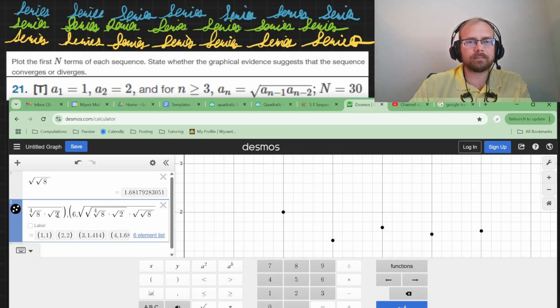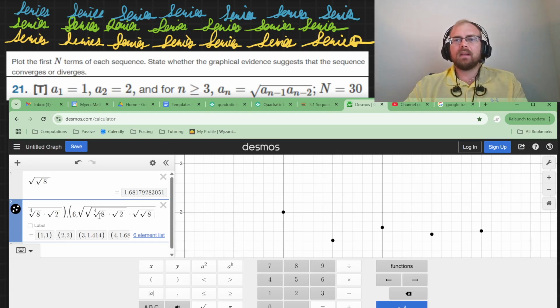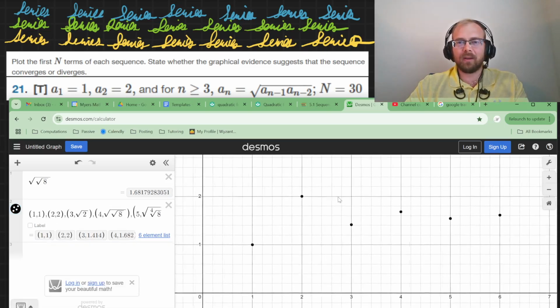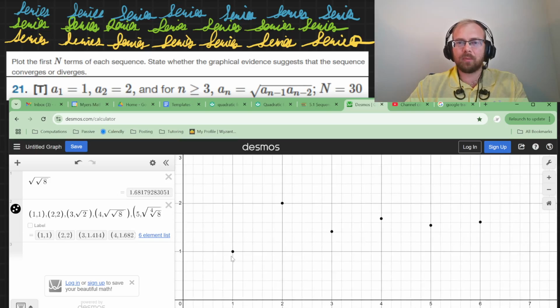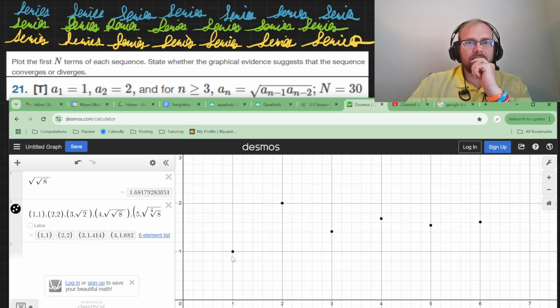That was weird. Okay. So this one definitely looks like it's leveling off, although it's really annoying to type in. But 1 and then 2, and then it comes down, and then it comes up, then it goes down, then it comes up. So yeah, it looks like this one's leveling off at, well, what are these numbers here?